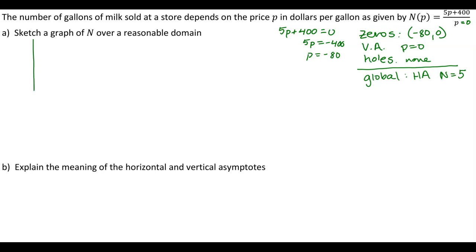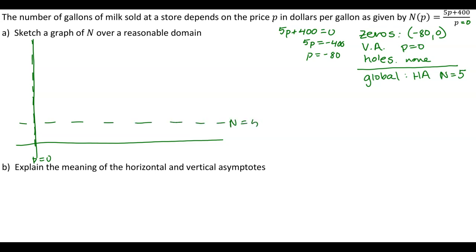So when I go to graph this, I have a vertical asymptote at p equals 0, and a horizontal asymptote at N equals 5. So this isn't tons of info to go with, but that's where I think, even though that negative 80, 0 doesn't fall within our reasonable domain, let me just do another smaller sketch here.